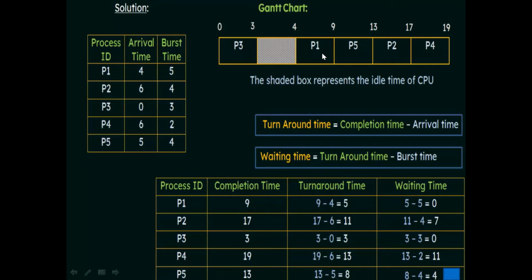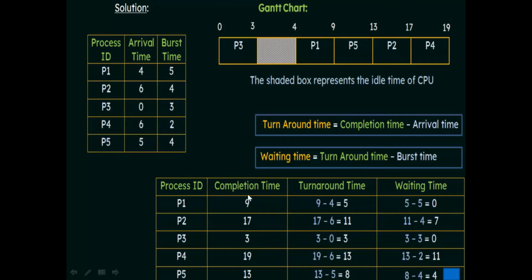Similarly, the completion time of P2 is 17 units of time. The completion time of P3 is 3 units of time. The completion time of P4 is the 19th unit of time. And finally, the completion time of P5 is 13 units of time.